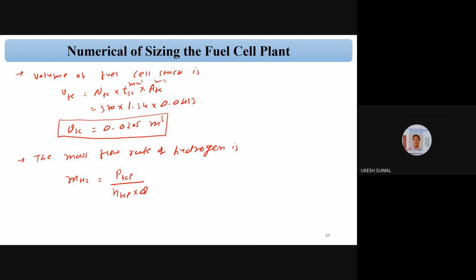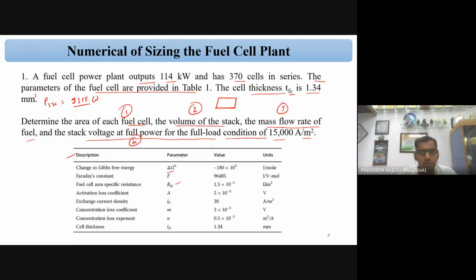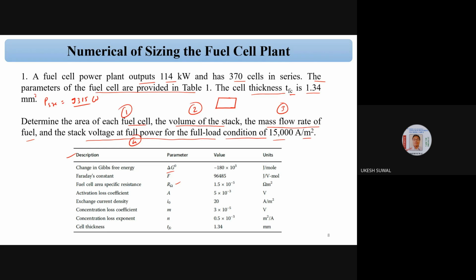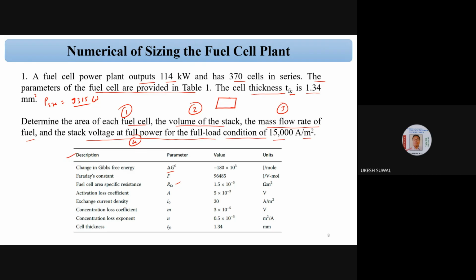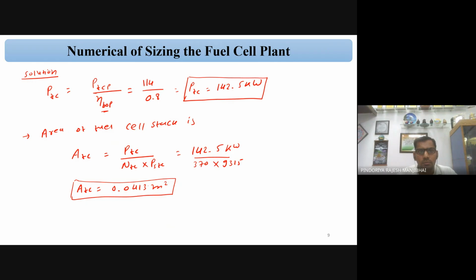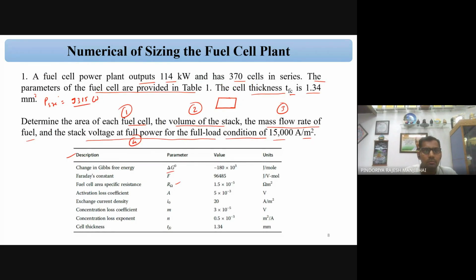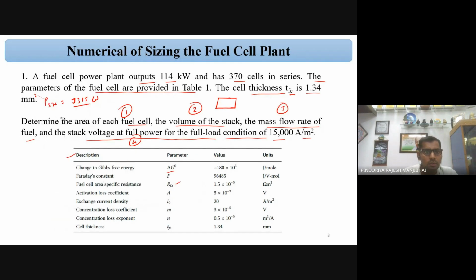Sir, mm is converted into meter. Area is in meter square, correct? Mm is converted into meter, sir. Yes, correct.